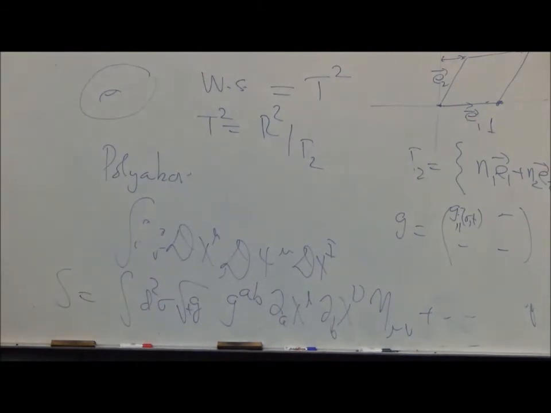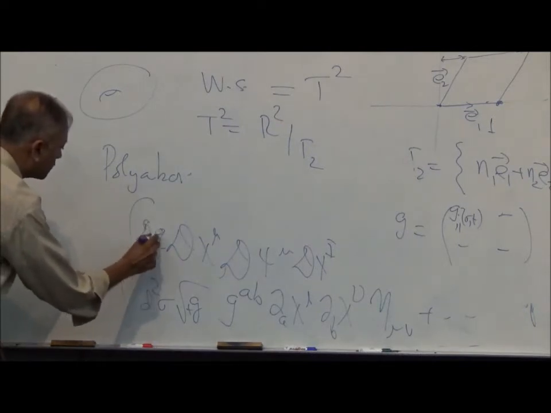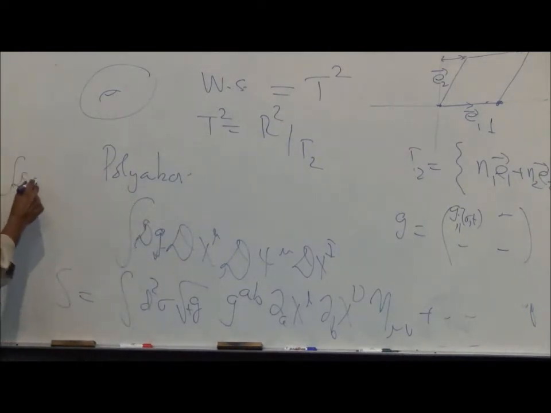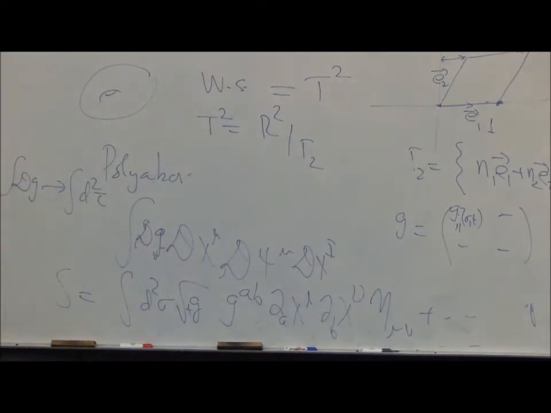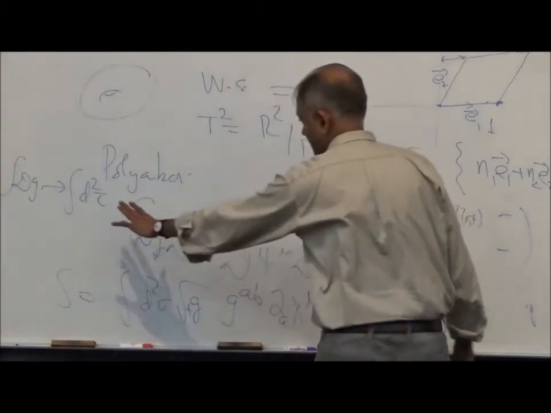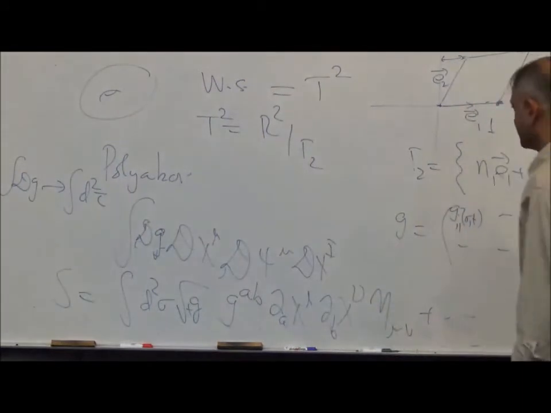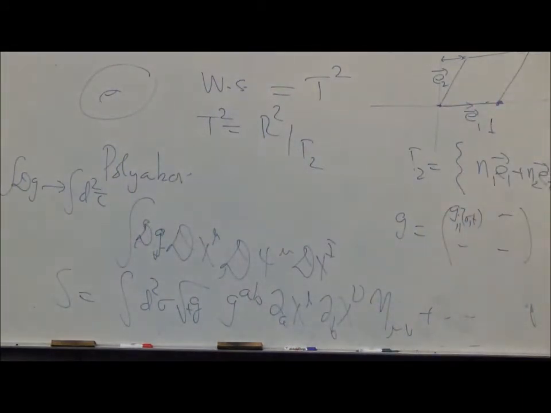There's a whole machinery there. But the main point is that from this integral over g, what is left over is simply d^2 tau. There are a lot of technical issues inside there, but this is what I'm trying to focus on.